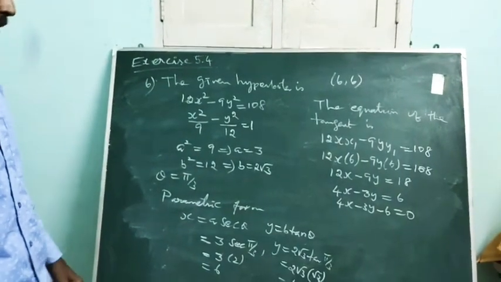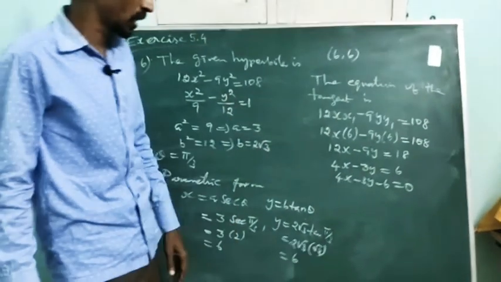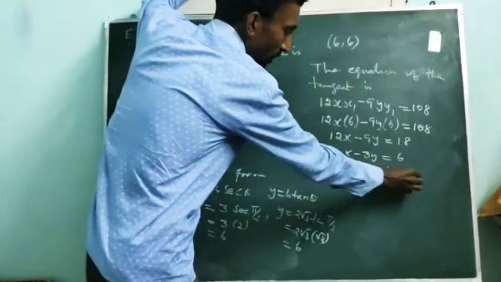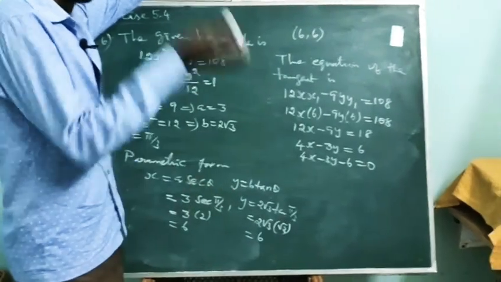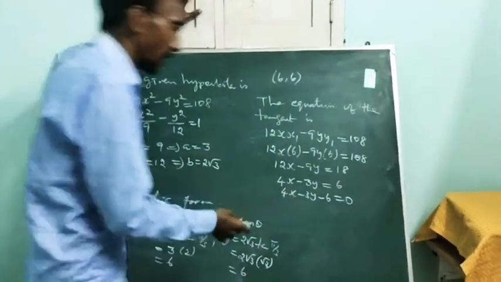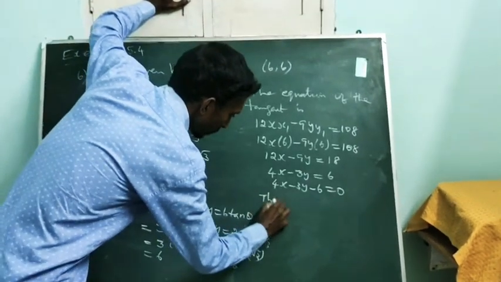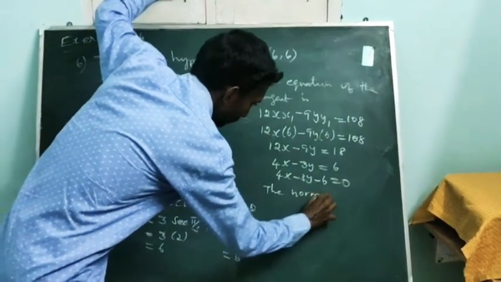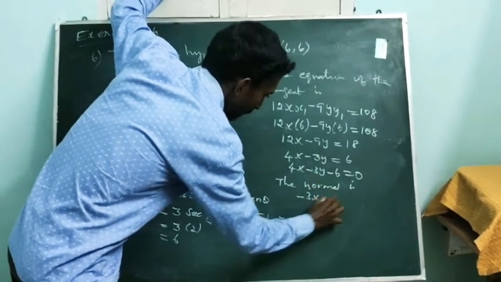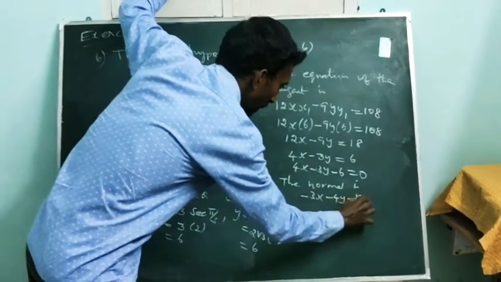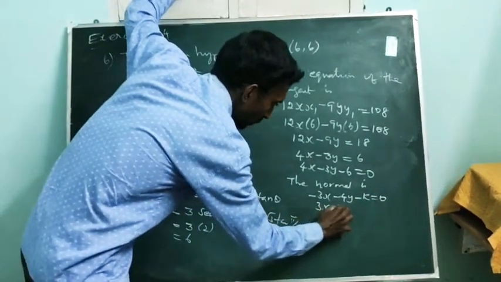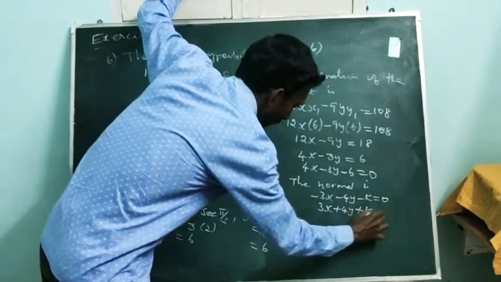So for the normal, use the perpendicular concept. If ax plus by plus c equal to 0 is a tangent, then the normal is bx minus ay plus some other constant equal to 0. So the normal is minus 3x minus 4y, we can assume the constant as minus k. It can be written as 3x plus 4y plus k equal to 0.